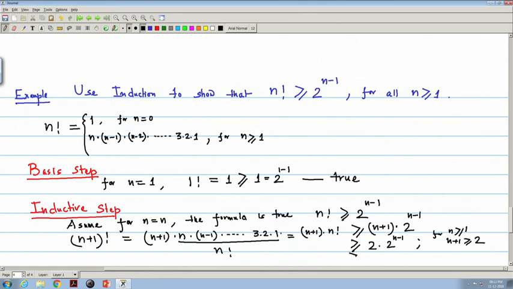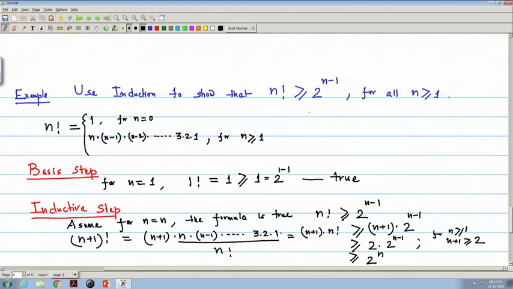So, this is greater than or equal to 2 to the power n. So, for n plus 1 it is proved. According to the principle of mathematical induction, we claim that for all values of n, n factorial is greater than or equal to 2 to the power n minus 1. So, it is proved.